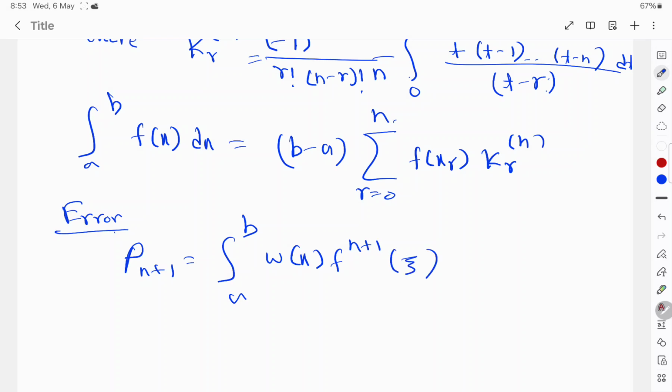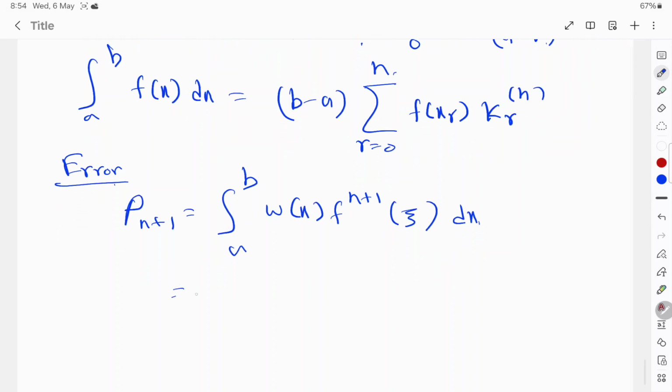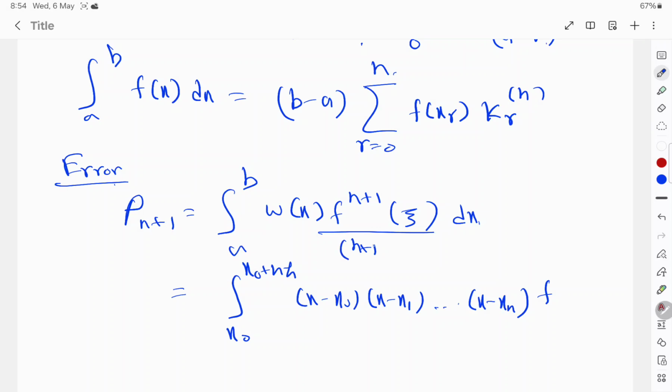So here you are doing integration, so you have to write that dx here. Okay, so this will be x0 to x0 plus nh, x minus x0, x minus x1, dot dot, x minus xn. Sorry, here you also have to write n plus 1 factorial.